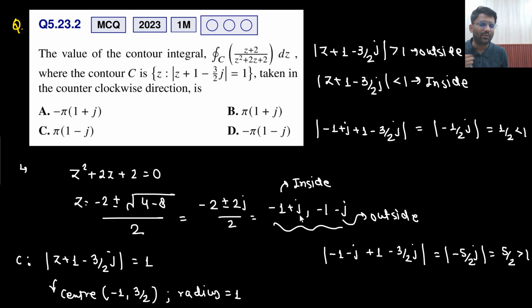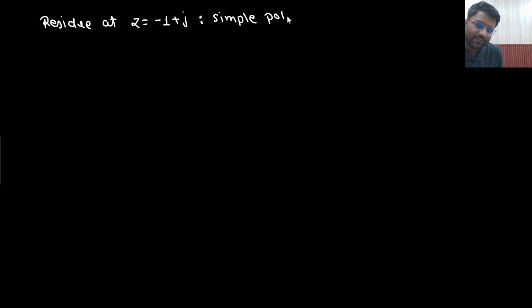So what you need to find out, both are simple poles only. You need to find out the residue at z equals to minus 1 plus j. This point is a simple pole, right? So for a simple pole, sir, we have a formula.